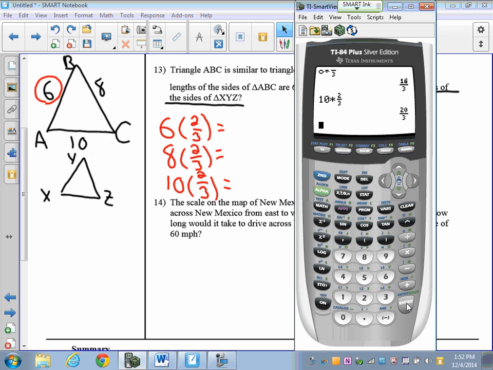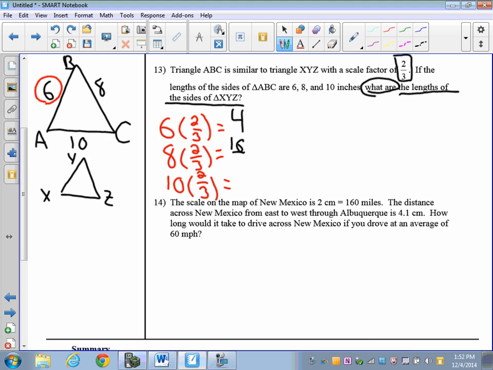So my answers are 4, 16 over 3, and 20 over 3. So if I was making something similar, it would just be this. So I found the lengths of the sides of triangle XYZ.